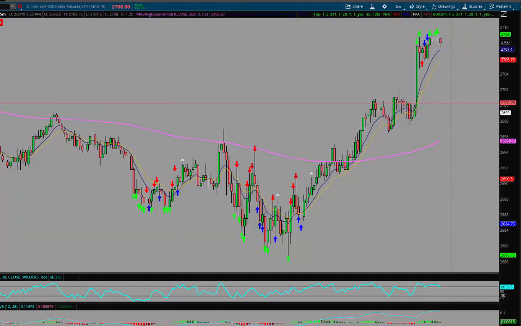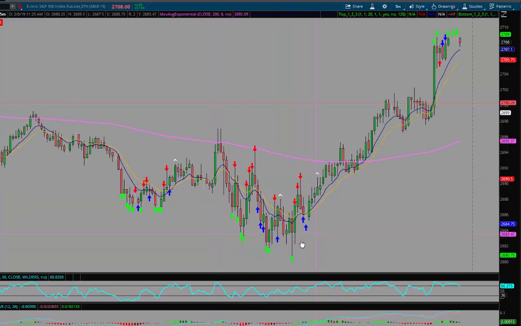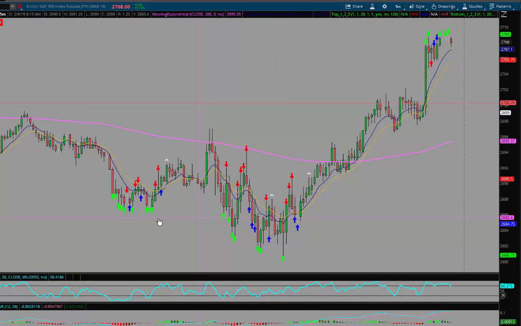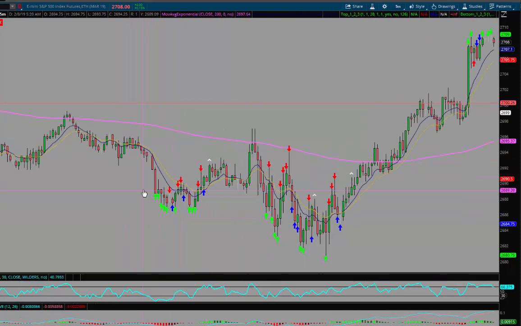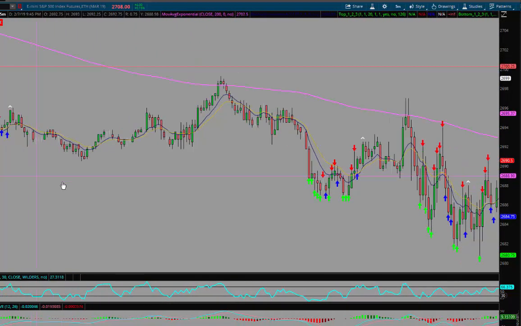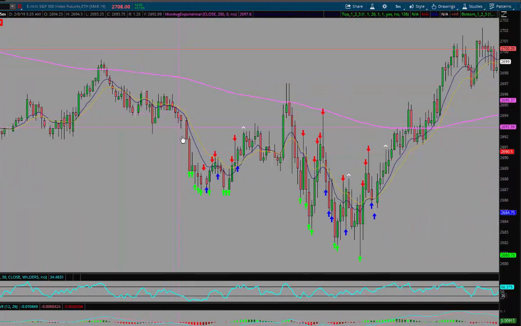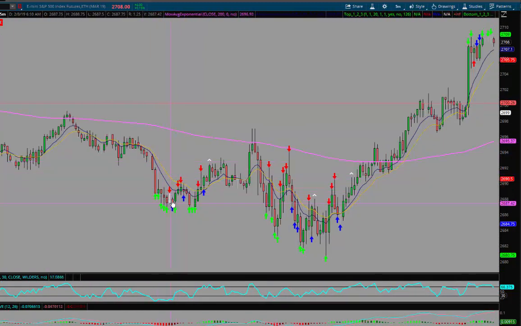So here on a 5-minute chart of the E-mini S&P, symbol ES, we had two confirmed trades. Starting with the first one, you can see that we had made new session lows, new Globex session lows, going all the way back to the prior day's 5 p.m. close. The market was very weak, and we're making new lows.